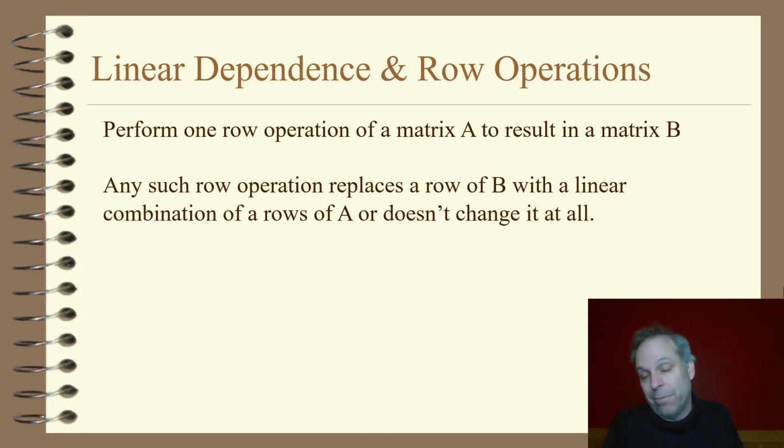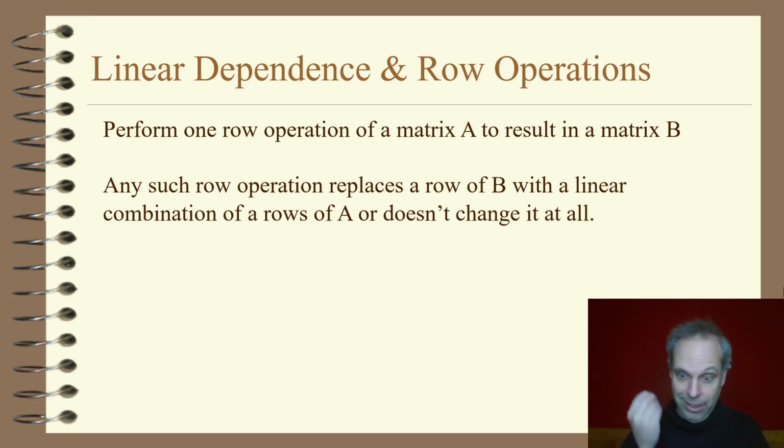It's a multiple of it. And the third one is, if you replace a row in B with the ith row of A minus a constant times the jth row of A, then the new row of B is literally, just by the way we said it, a linear combination of the rows of A.